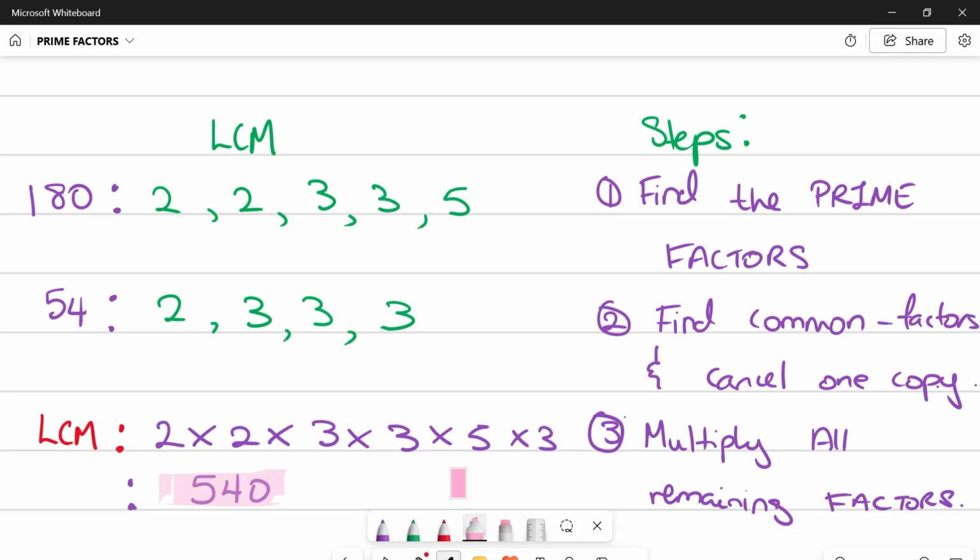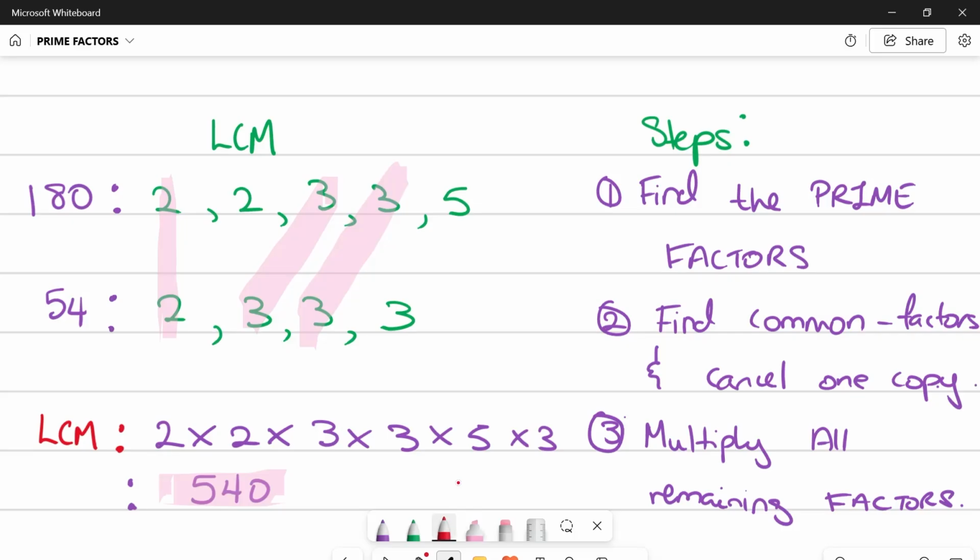The second step of finding the LCM using the prime factors method is we need to find the common factors between both numbers. So let's look for the common factors between 180 and 54. These numbers have a factor of 2 in common, they have a factor of 3 in common, and another factor of 3 in common.